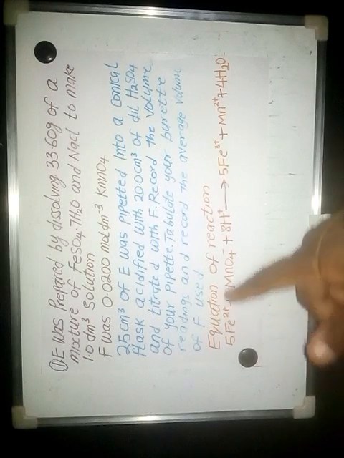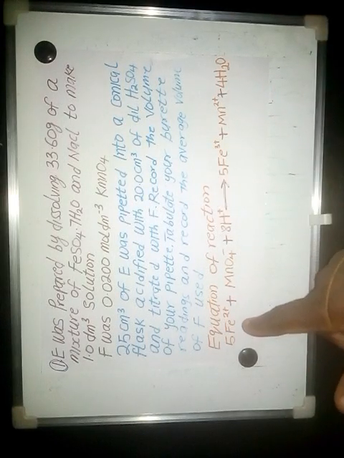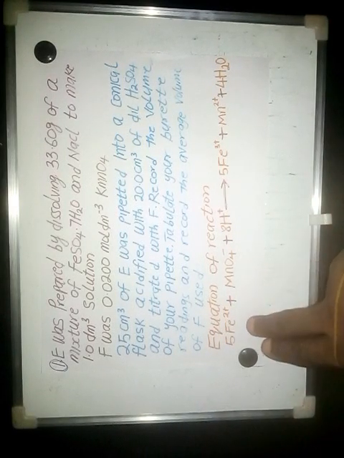used. Equation of reaction. Of course, this is a redox reaction. Of course, you should know that this is a redox titration also, right? So this is your equation. Just know the potassium manganese 7 is the one you are putting inside the burette, while the iron 2 sulfate is the one you are putting inside the conical flask.